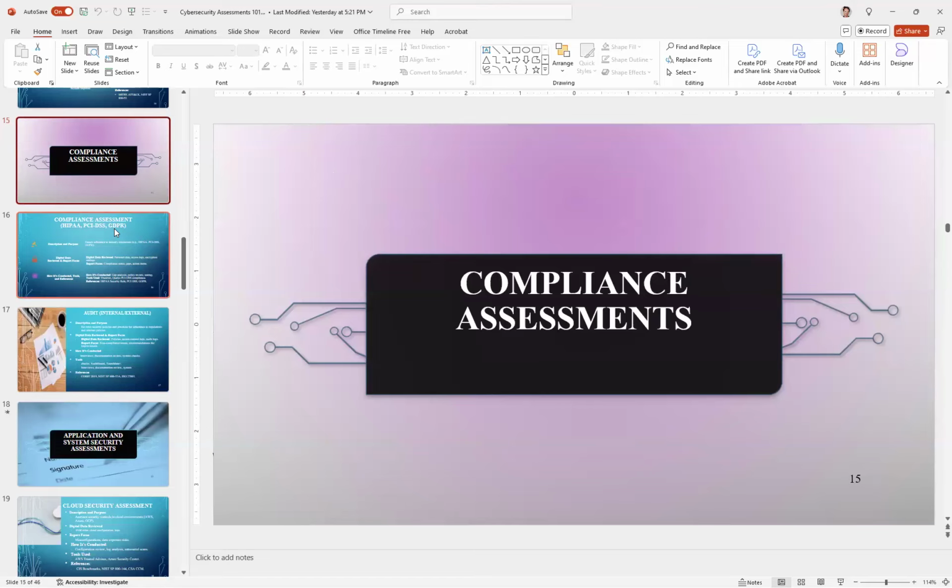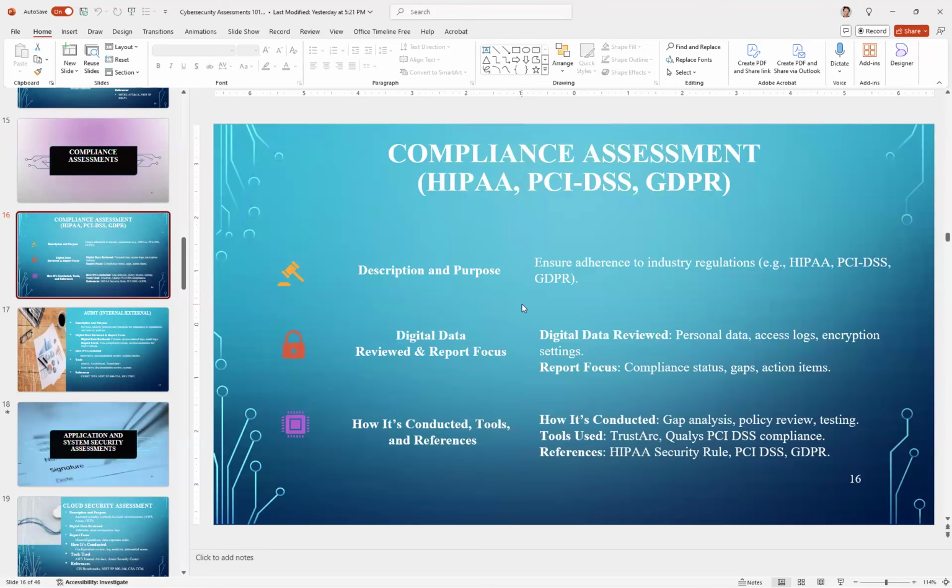Compliance assessments include HIPAA, PCI DSS, and GDPR. And that basically includes adherence to those industry regulations. Are they being included in your entire infrastructure system? Digital data review includes personal data, any access logs, encryption settings.